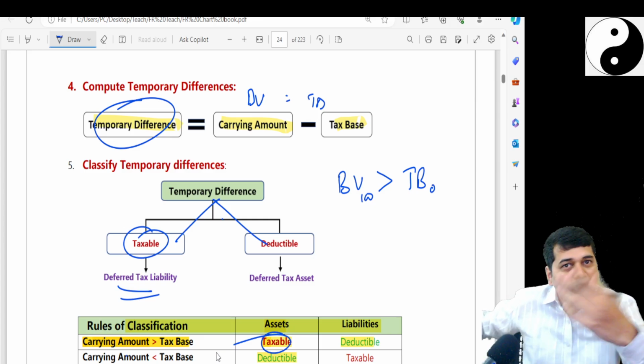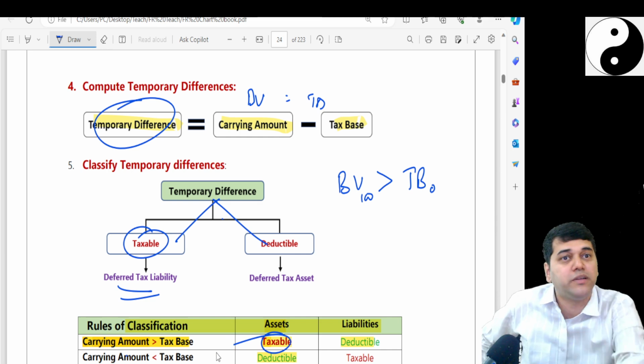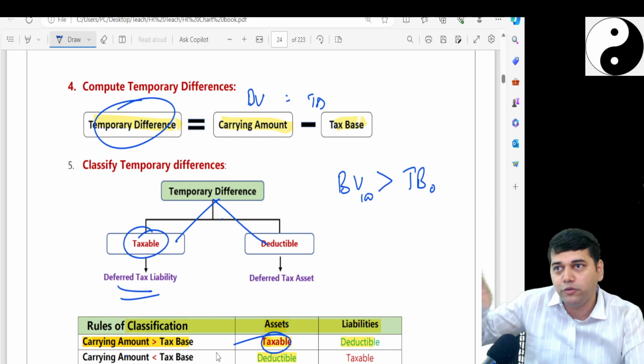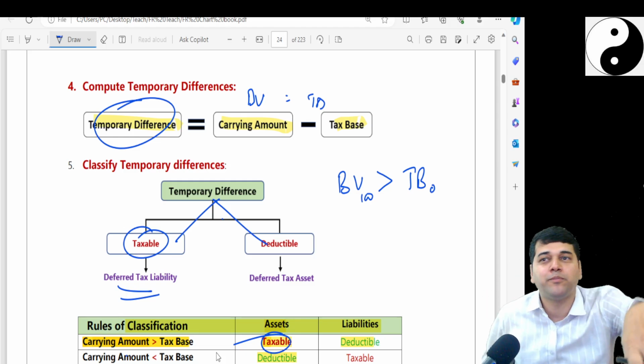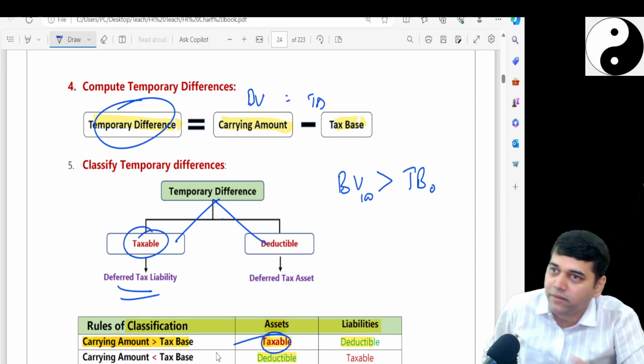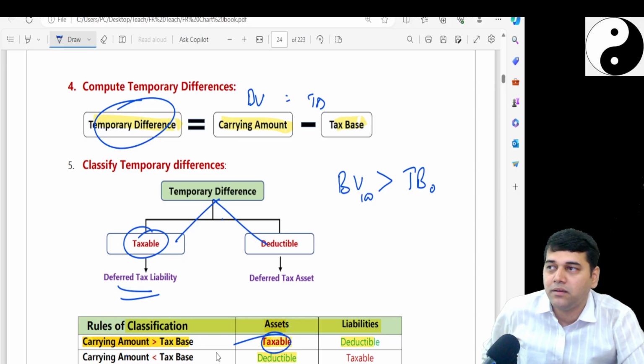Now, if you want, ask me and I will give you an explanation with examples, whatever way you want. Sir, P&L effect is there, I claimed more depreciation, I added fines and penalties. You ask me, I will explain in that language. But it is not much relevant.